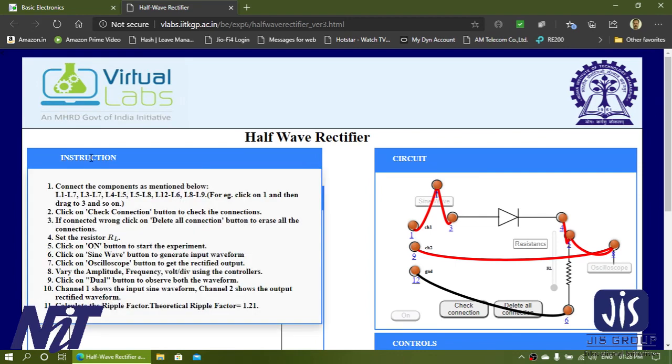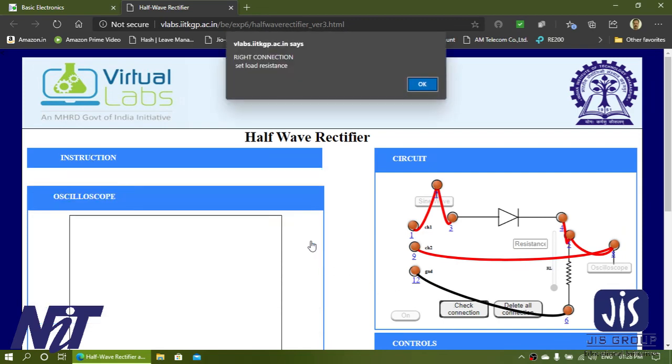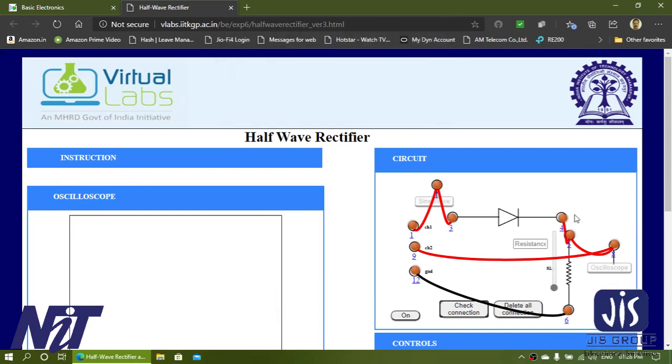And number 2, click on check connection. So click it here. The website says that your connection is right. Now set the load resistance. Set your load resistance again at, suppose, 500 ohms.